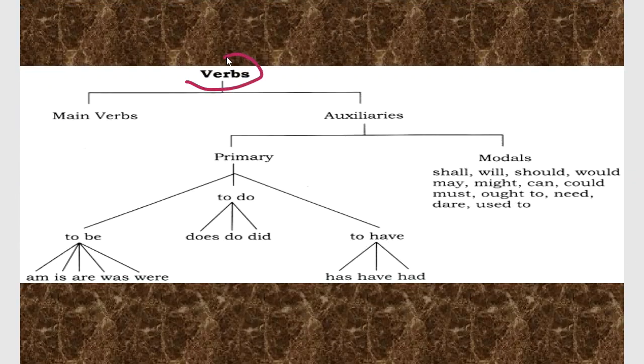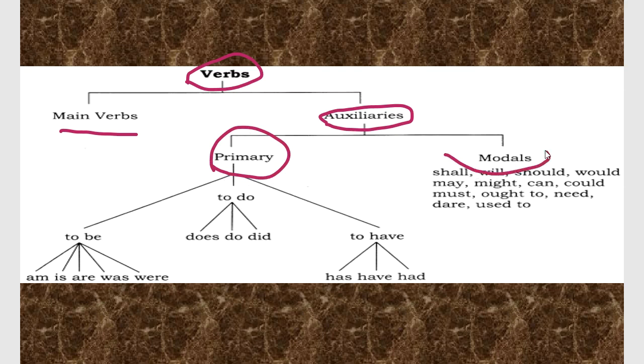First, see. Verbs can be of how many types? One, main verbs and auxiliary verbs. Auxiliary verbs we can also call helping verbs. These auxiliary verbs or helping verbs can again be divided into two: one, the primary helping verbs, and second, the modal auxiliary verbs.